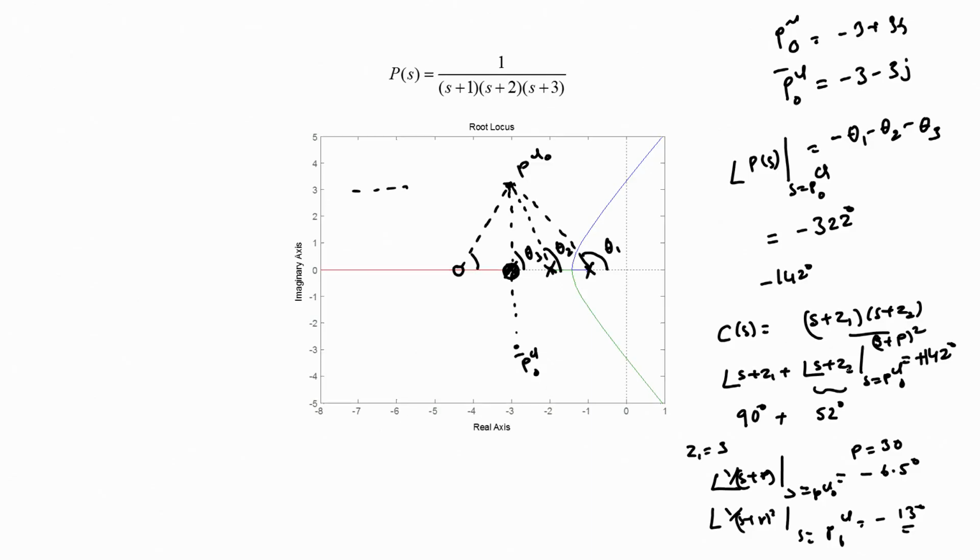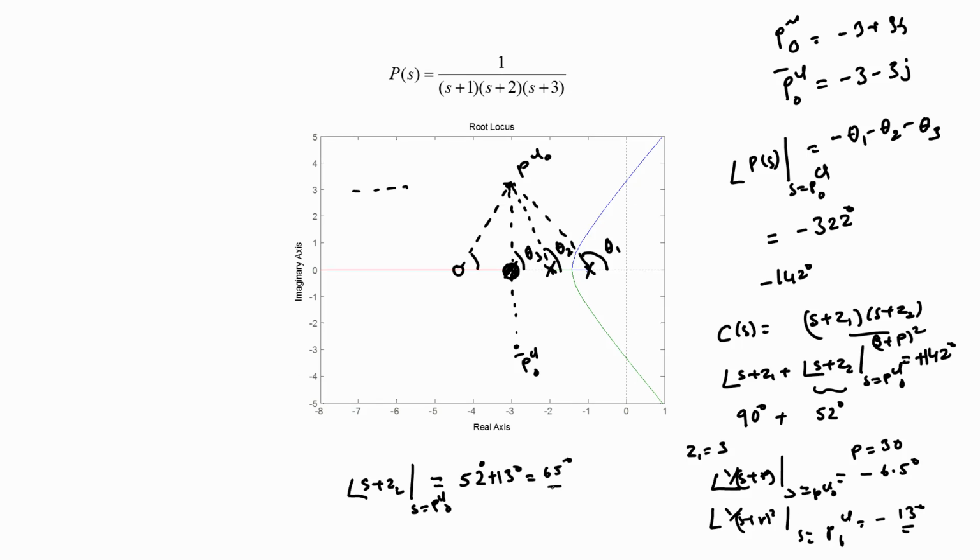I shall choose the location of Z2 in such a manner that the net phase of Z2 is now going to be not 52 degrees, but instead 52 plus 13 degrees. So the angle of S plus Z2 at the point S is equal to PCL naught has been chosen to be equal to 52 plus 13 degrees, which is going to be equal to 65 degrees.